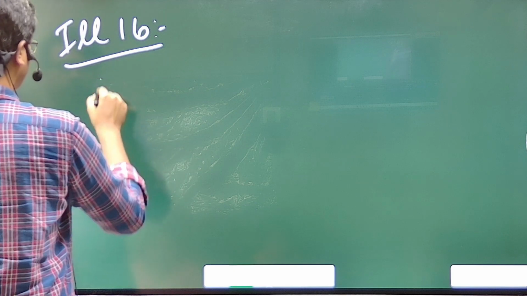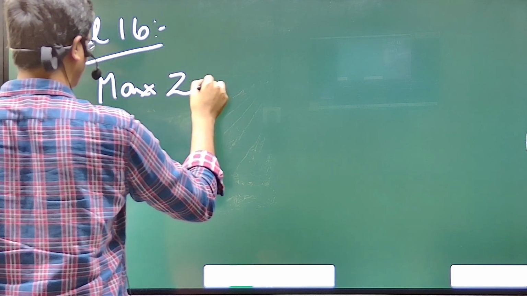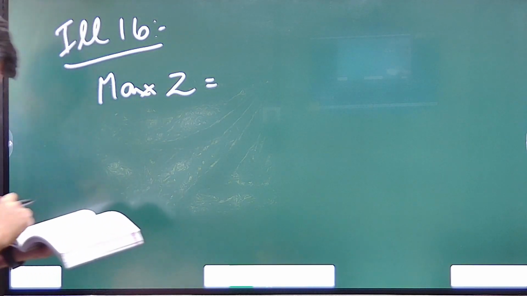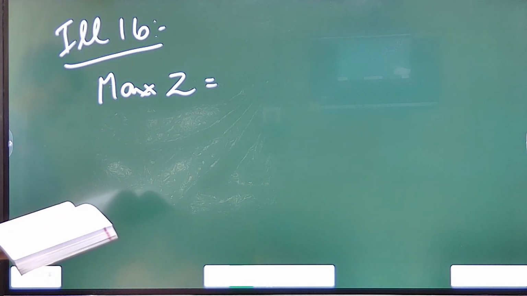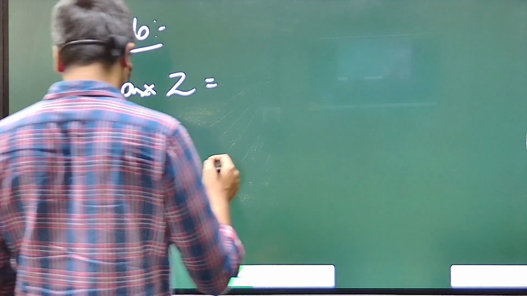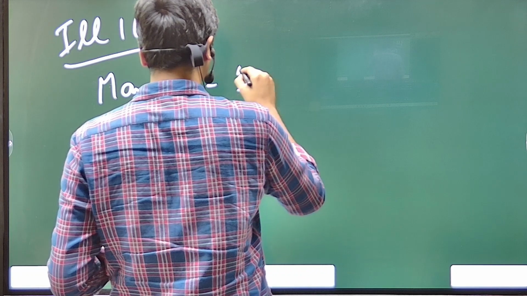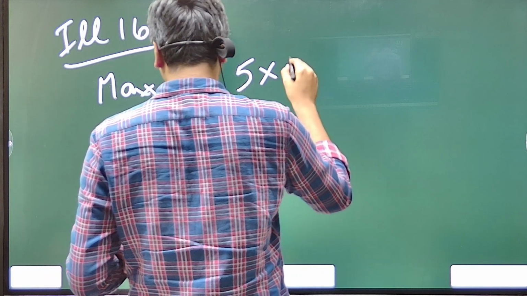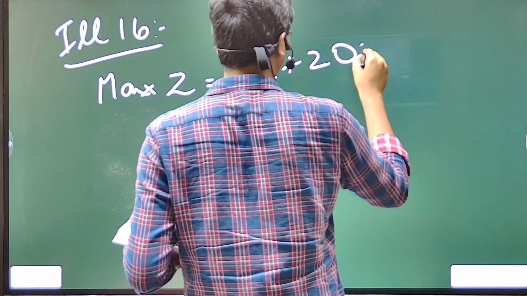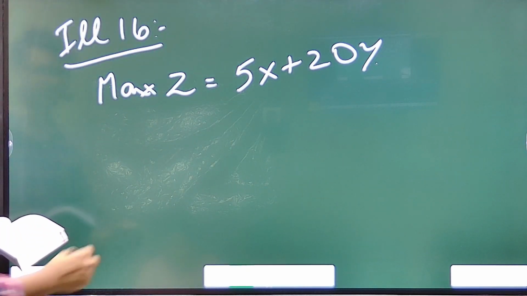So let us write our objective and constraint functions. He says profit of 5 rupees on X and 20 on Y, right? And profit is maximized. It's always a maximized problem. So you have 5X plus 20Y. This is simple.